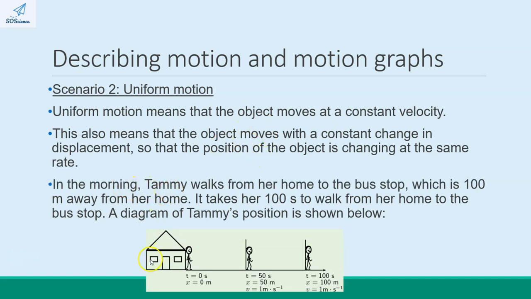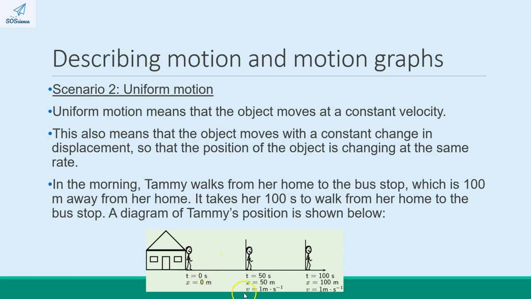In the morning, Tammy walks from her home to the bus stop, which is 100 meters away from her home. And it takes her 100 seconds to walk from her home to the bus stop. And here we can see a diagram of Tammy's position. What we can see is that after 50 seconds, she's covered 50 meters, and after 100 seconds, she's covered 100 meters.